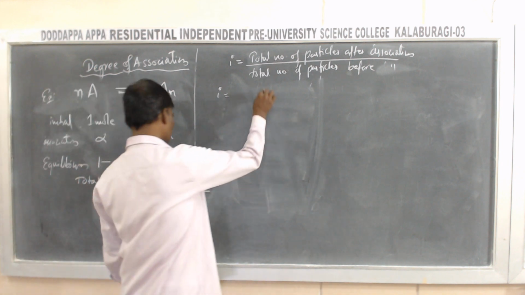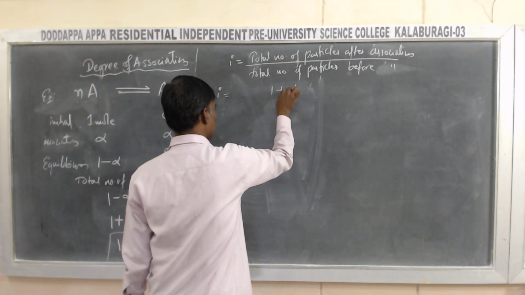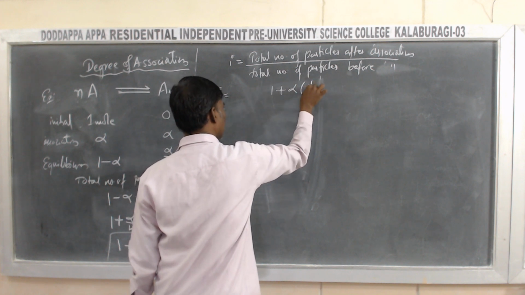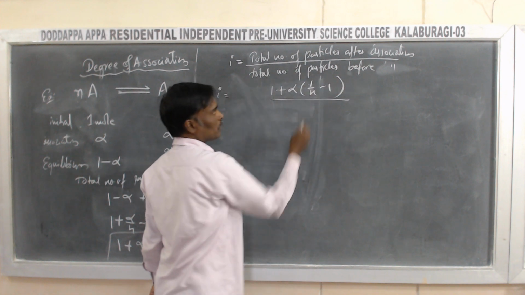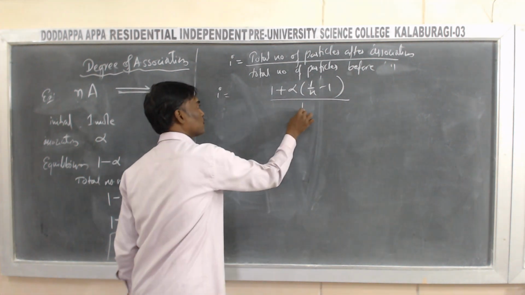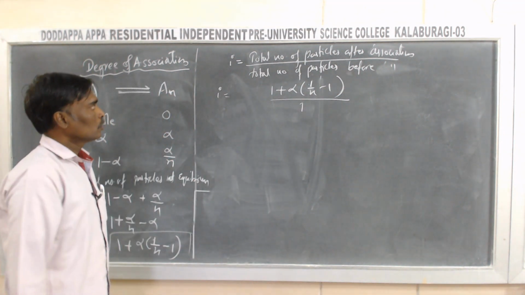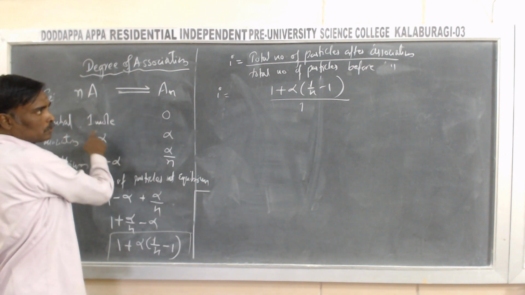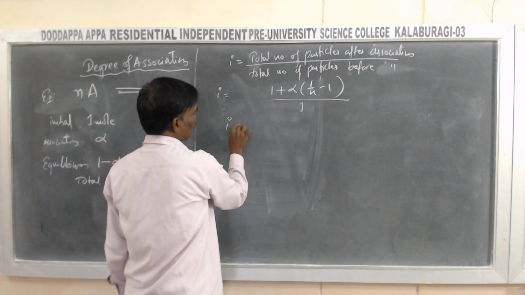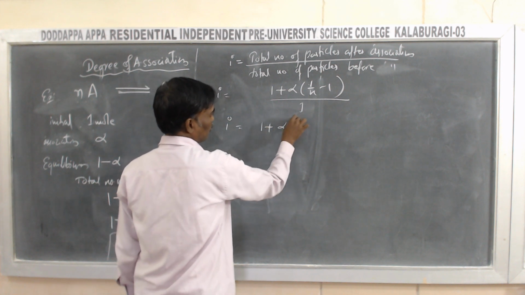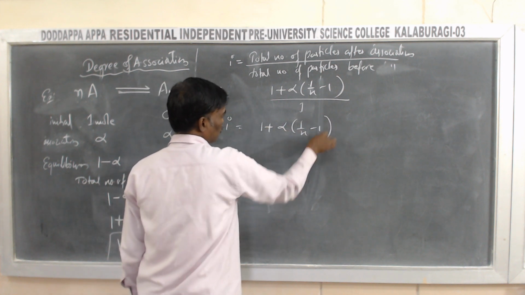Therefore i is equal to 1 plus alpha into bracket 1 by n minus 1 divided by the number of particles before association. Before association, we have taken only 1 mole. Therefore i is equal to 1 plus alpha into bracket 1 by n minus 1.